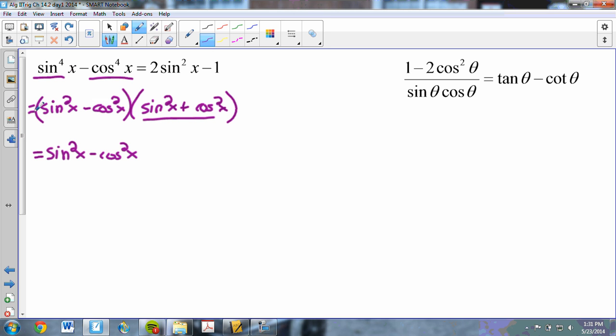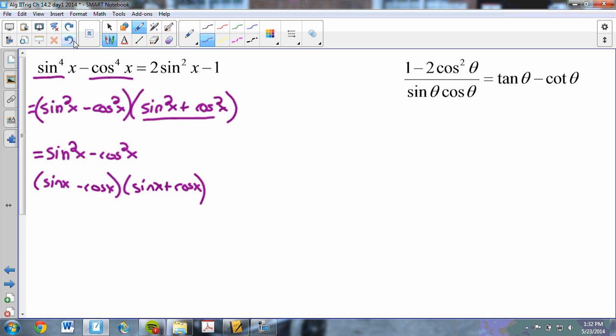Now I could break this down again into sine x minus cosine x and sine x plus cosine x. I could do that, but I don't want to. The reason I don't want to is then I lose my squares, and I need to have a square somewhere. I don't want to break up these squares.